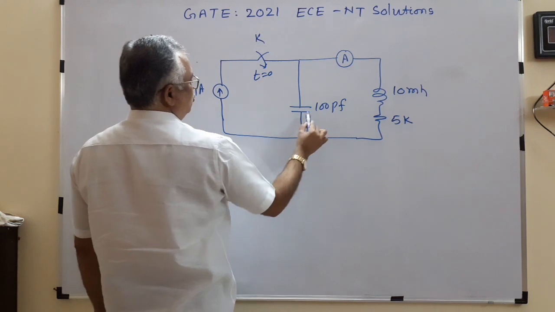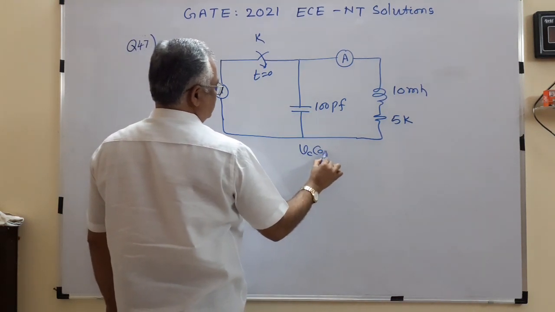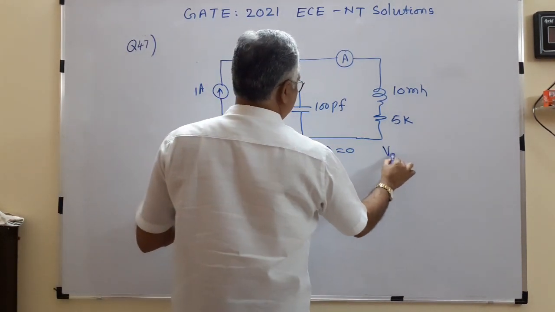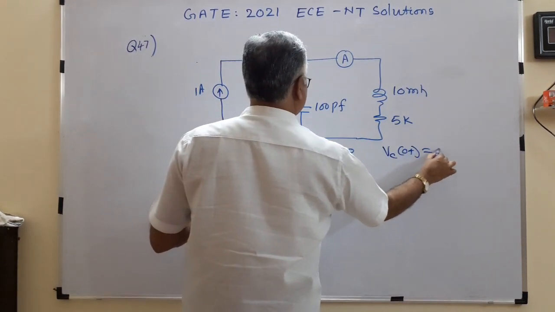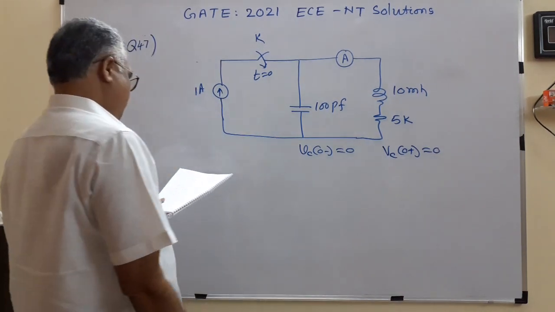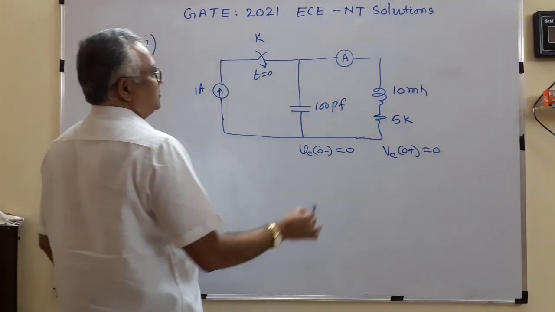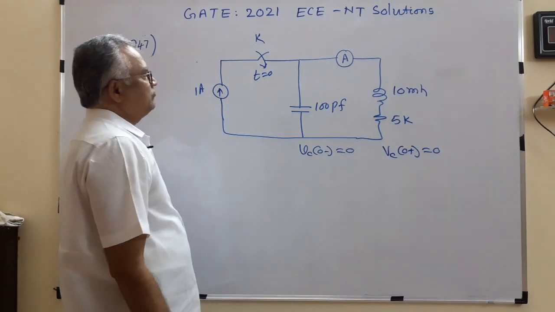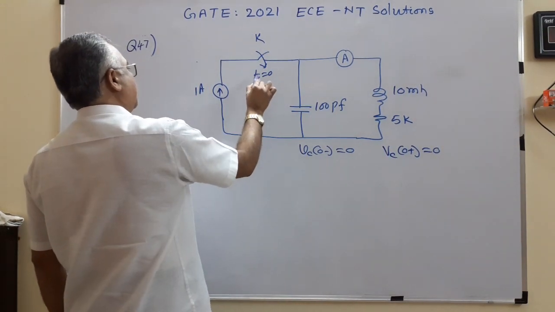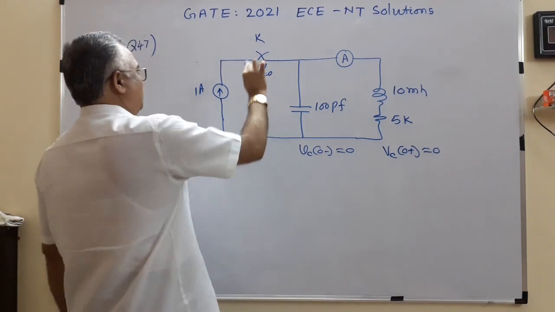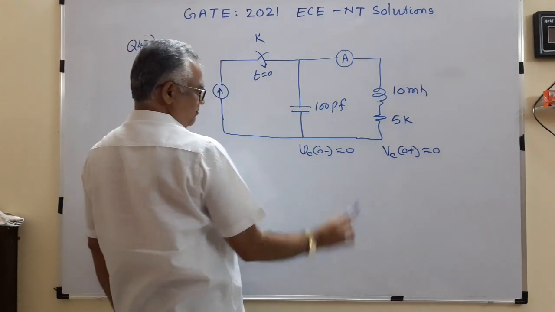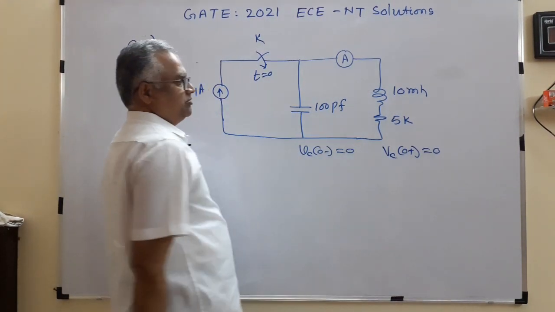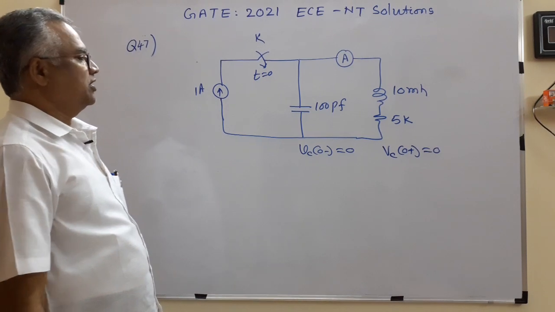Before closing the switch, no voltage in the capacitor. So Vc(0 minus) is 0 and obviously Vc(0 plus) is also 0. Now it is asking for the ammeter reading in the steady state. That is the question. So it comes under transient problems.